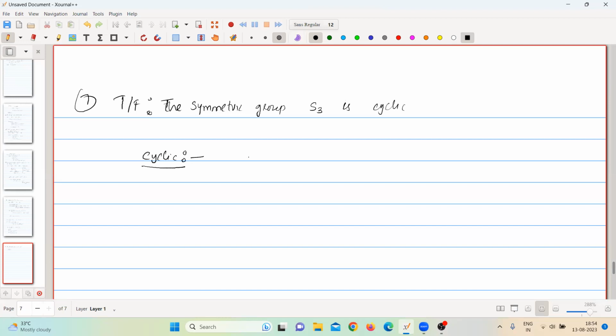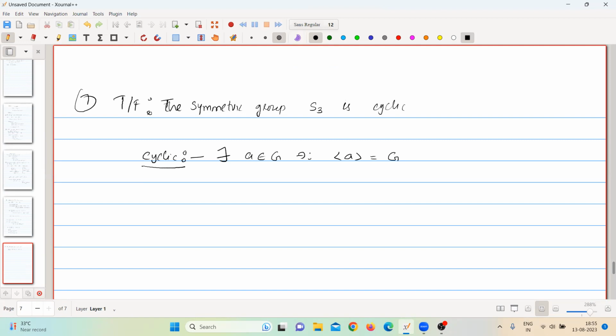That means a single element generates the whole group. Suppose there exists an a in G such that the generator a generates, meaning we take all the powers a square, a cube, etc., and it is equal to G. In that case, we can say G is cyclic. So we need to check whether S3 is cyclic or not.